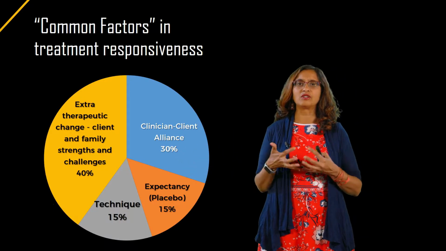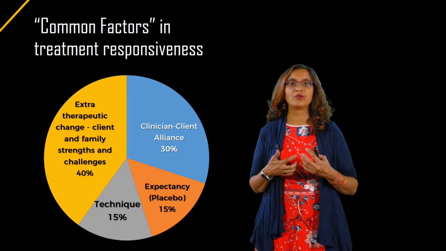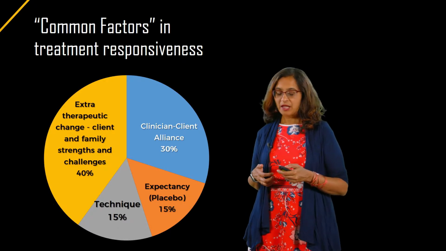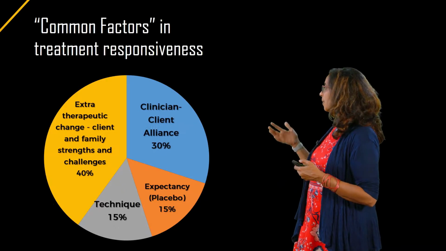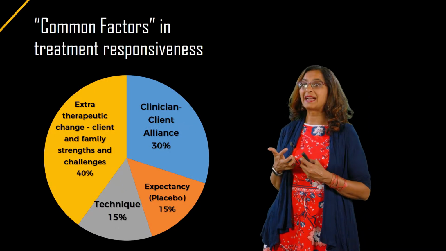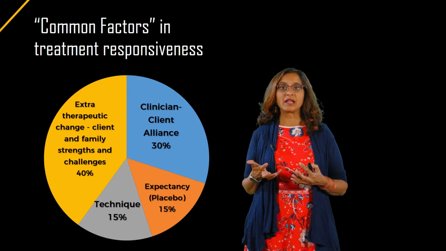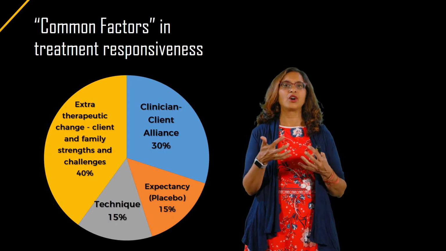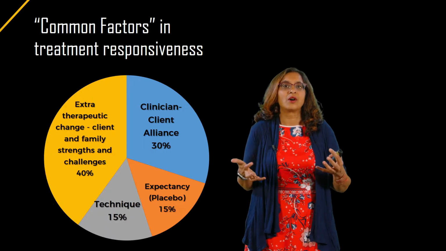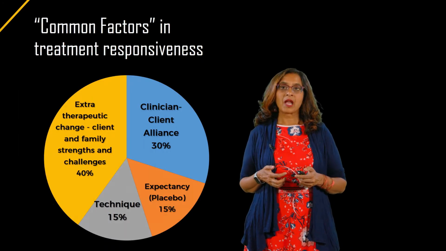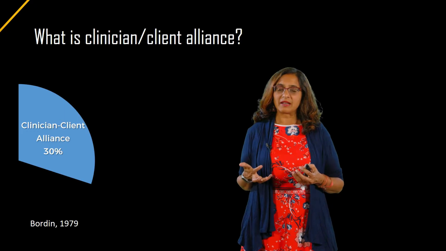So we have to also look at other things that we can do to improve treatment outcomes. The last one that I'm going to talk a lot more about is Clinician-Client Alliance, and that accounts for 30% of the variance. So this is why Clinician-Client Alliance is an important part of teaching students how to be good clinicians.